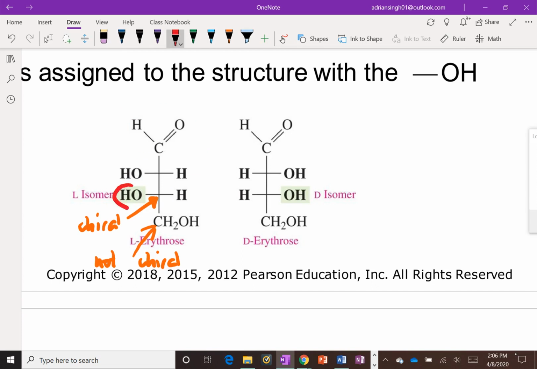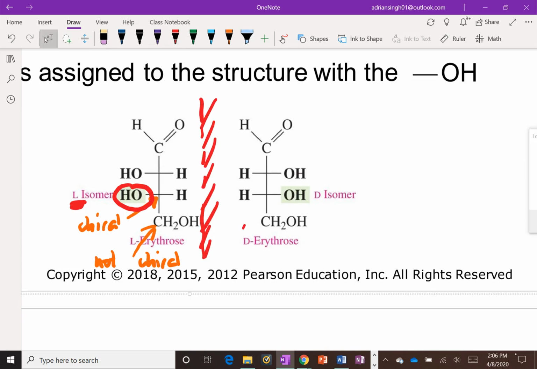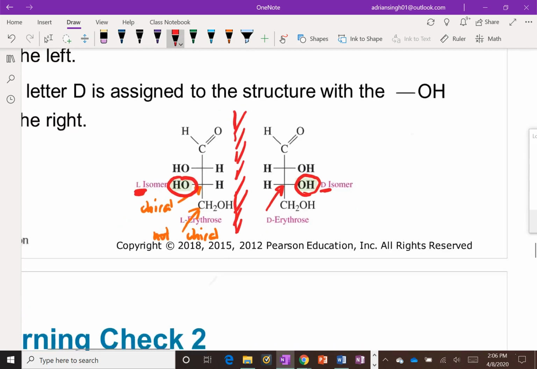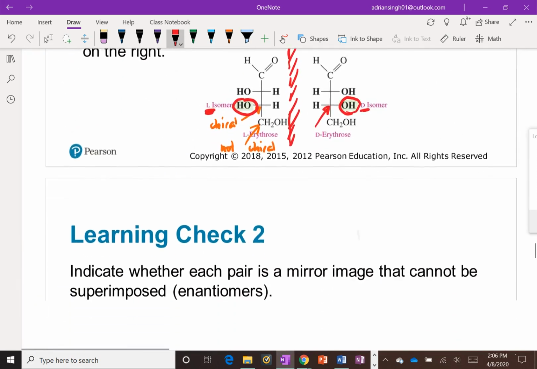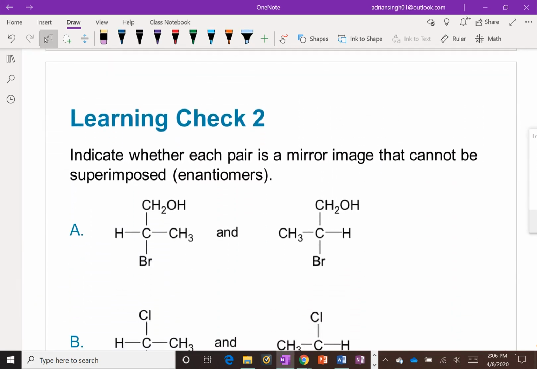The OH that's connected to it is on the left side, so we call it the L isomer. If we look at the mirror image of L-erythrose, we have D-erythrose, and obviously now our last chiral carbon down here, the OH is on the right side, so we call that the D isomer. All right, that's how we identify the D versus the L isomers in these sugars.